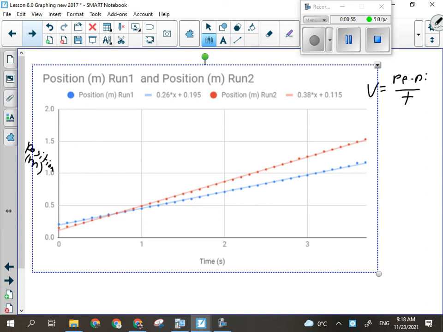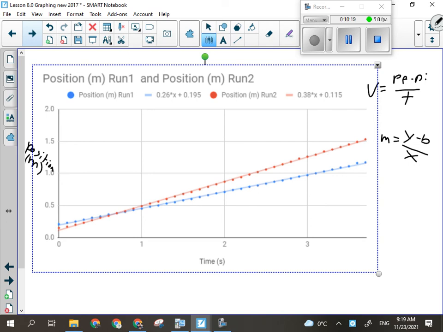Just look at your units. The units for velocity are meters over seconds. That's y over x, which is exactly how you calculate slope. You can analyze any graph that very same way.